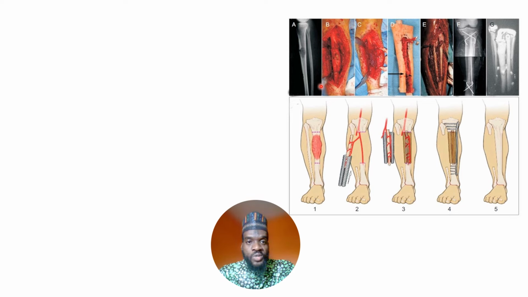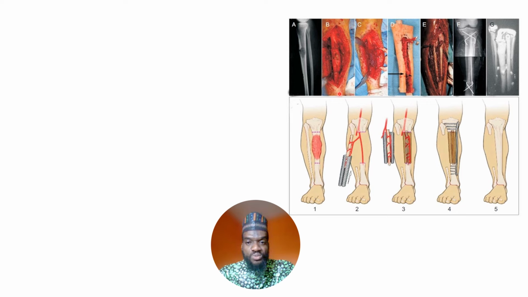tumor. So in this particular case, this is from a 16-year-old girl with a malignant tumor of the mid shaft of the tibia, seen here on the radiograph. Okay, so here's an X-ray showing the destructive lesion around here, and that has been cartoonized here. So here is a segmental resection of that tumor to remove the tumor.